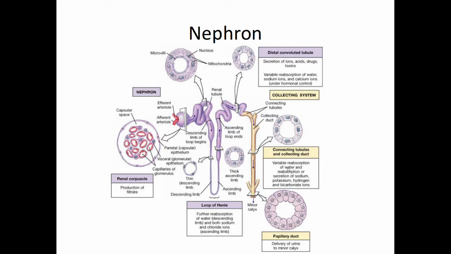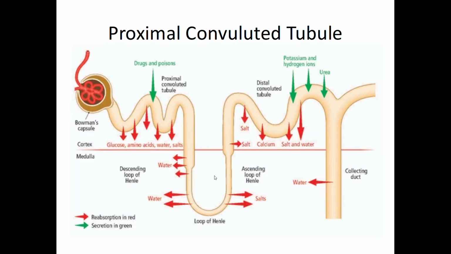So here's our nephron. We have that glomerulus that's already happened, and now we're moving into the proximal convoluted tubule and then the loop of Henle. Zooming into the proximal convoluted tubule, at this point we're going to be reabsorbing a lot of stuff.